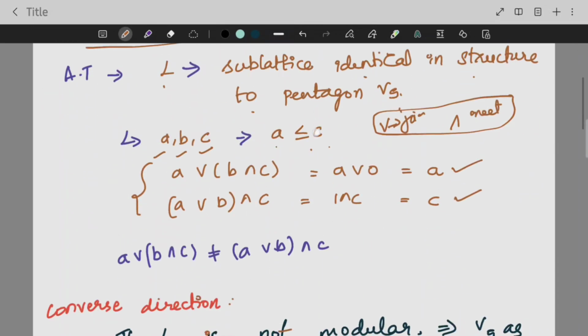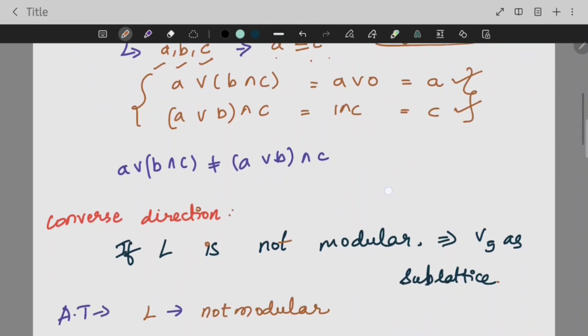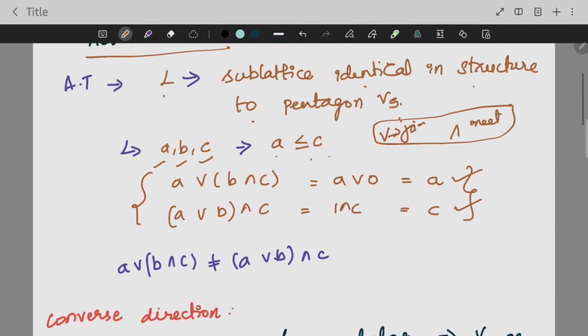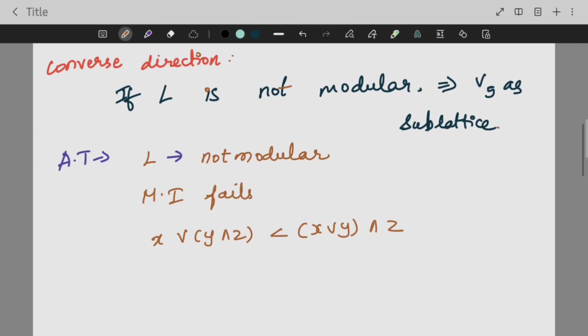Now clearly the modular identity law fails. That is, this violates the modular identity. Both are not equal. So any lattice containing V5 is not modular. Now for the converse direction, if L is not modular, then it must contain V5 as a sublattice.